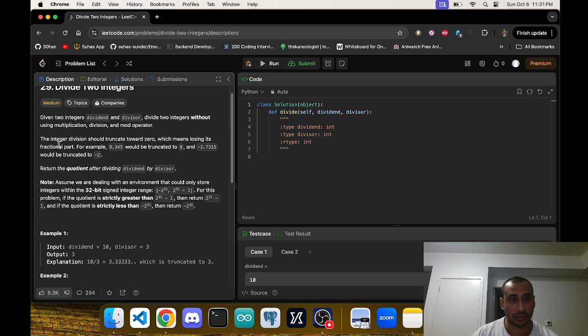The integer division should truncate towards 0, which means losing its fractional part. For example, 8.345 would be 8, and negative 2.375 would be negative 2. Return the quotient after dividing dividend by divisor.